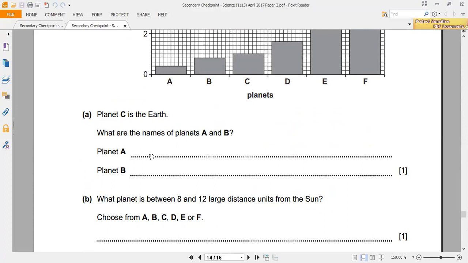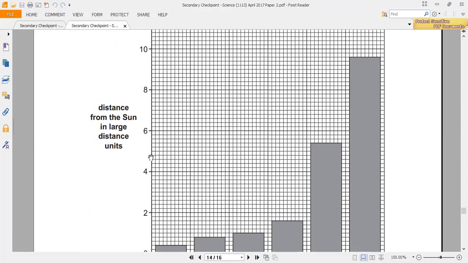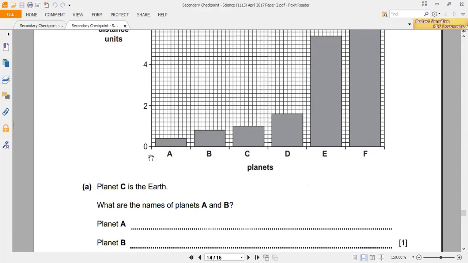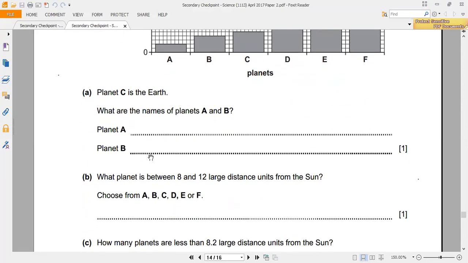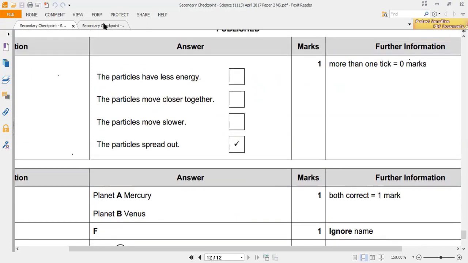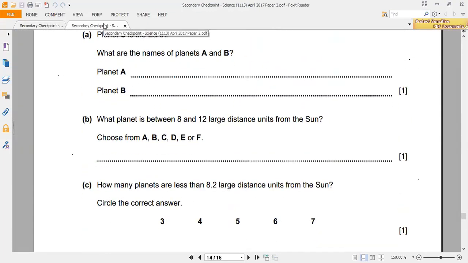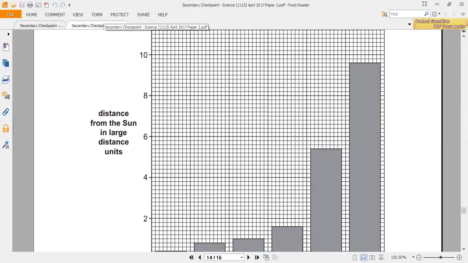What planet is between 8 and 12 large distance units from the sun? 8 and 12, it is the last one, which is F. Then, how many planets are less than 8.2 large distance units from the sun? I'll make an annotation to make it easier. This is 8.2.